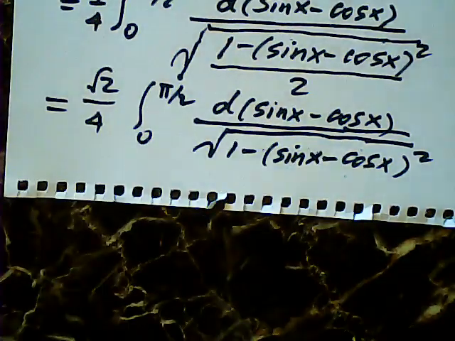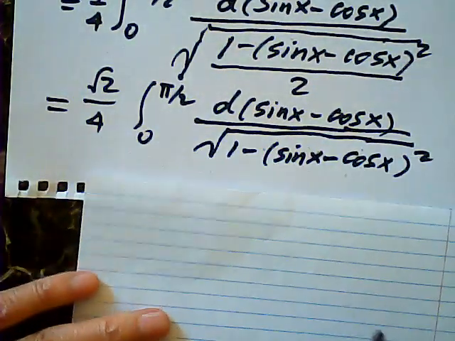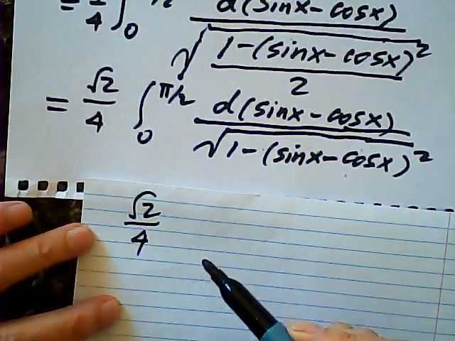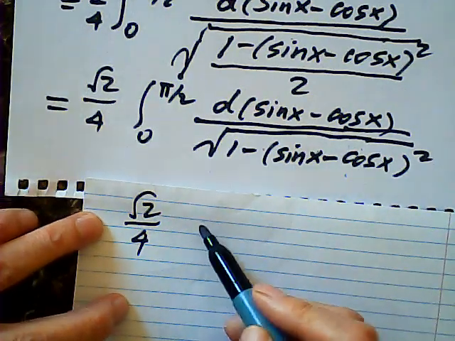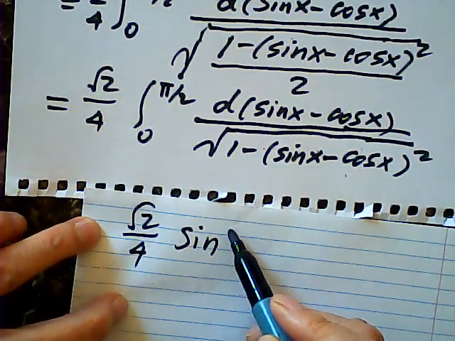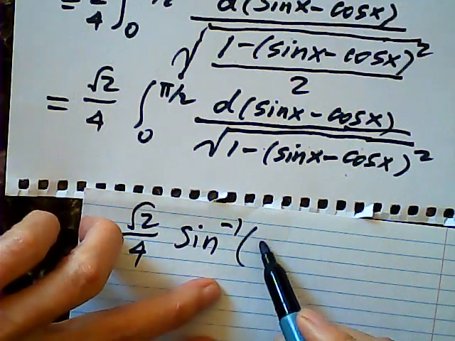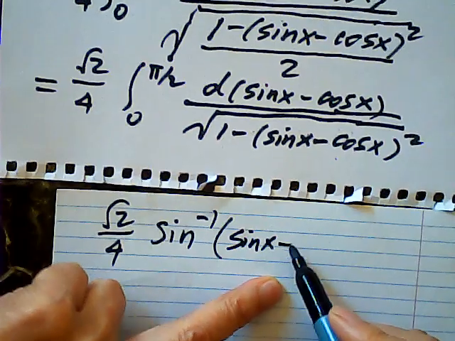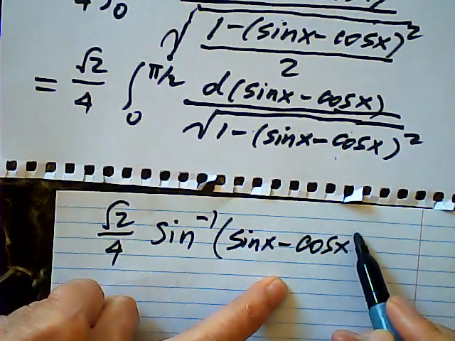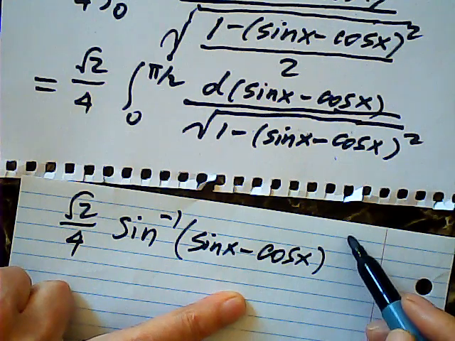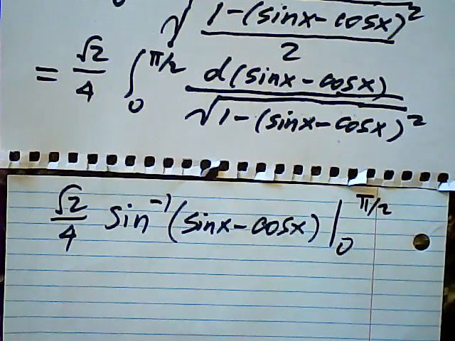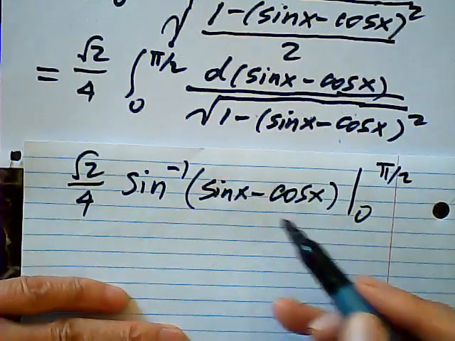So this is root 2 over 4 times arcsine of sine x minus cosine x from 0 to half pi, right?